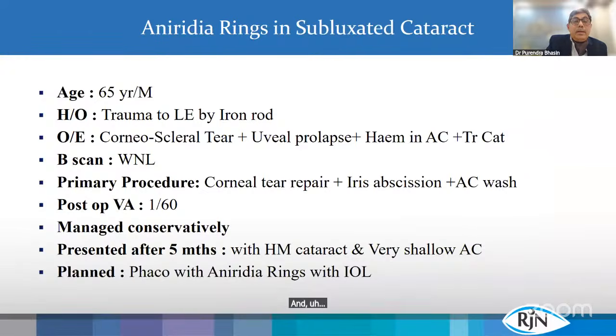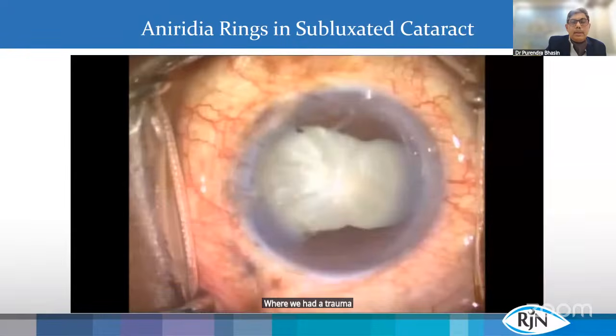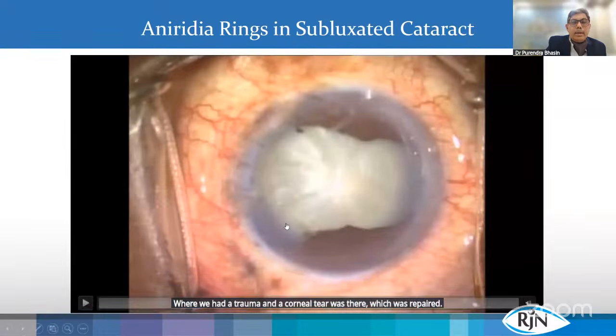Sometimes we get a subluxated cataract, and this is a particular case where we had a trauma and a corneal tear was there, which was repaired, and after 5 months, the patient came to us with an intumescent cataract. And in this particular case, there was a zonulopathy also present in this region.